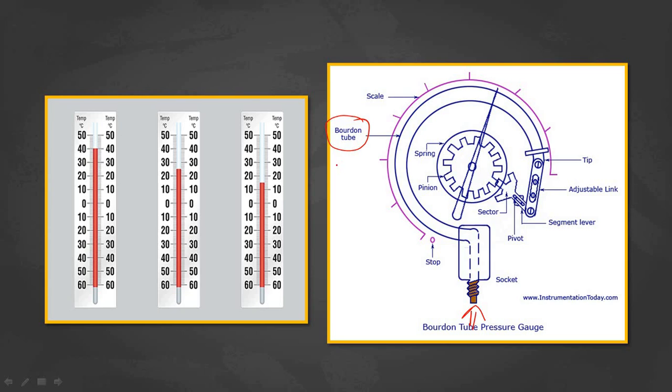It is nothing but a mechanical transducer. This mechanical transducer converts the pressure into a displacement, and that displacement is shown by the pointer depending upon the variations in pressure. Likewise, in an instrument, the primary sensing element plays an important role by converting one form of signal into another form of signal.